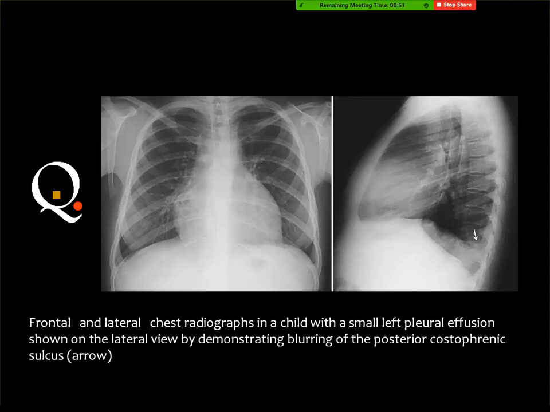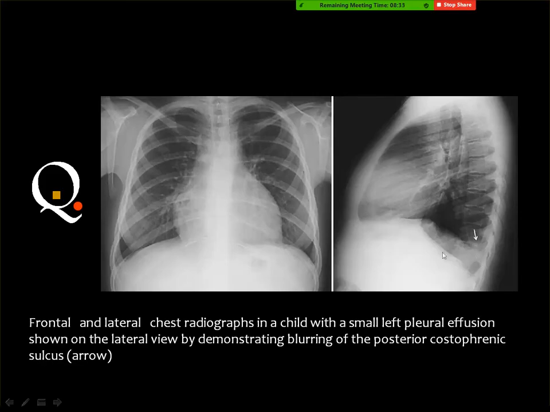Consolidation of the lower lung. Which lung? Retrocardiac left lower lung. This arrow points to a fluid level or fluid in the costophrenic angle, and this is effusion.